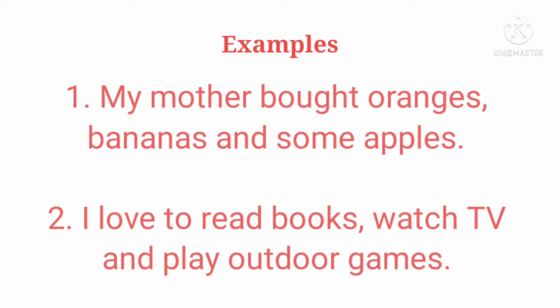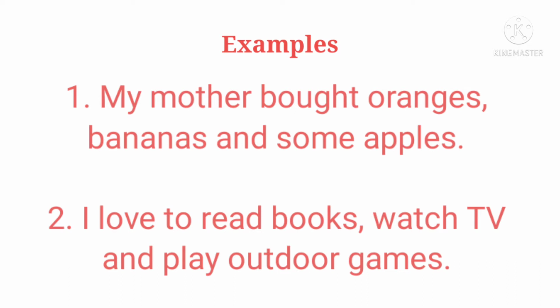So students, over here, we are using comma in order to separate the words that are there in the list. So my mother bought oranges, then I am putting a comma, then bananas, at the end and apples.